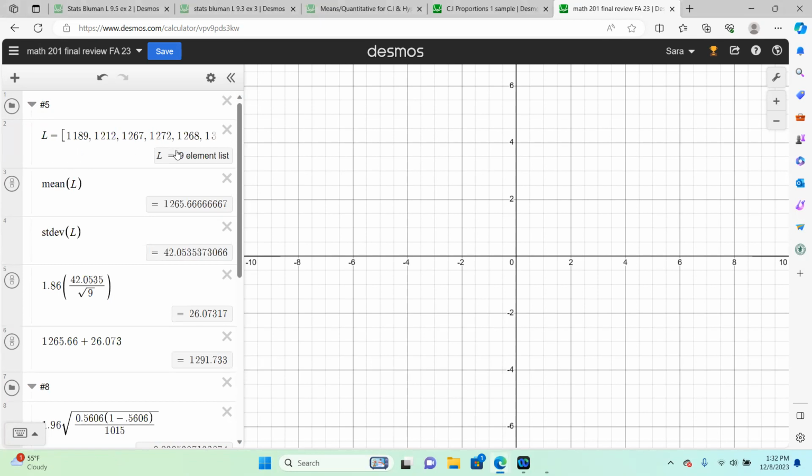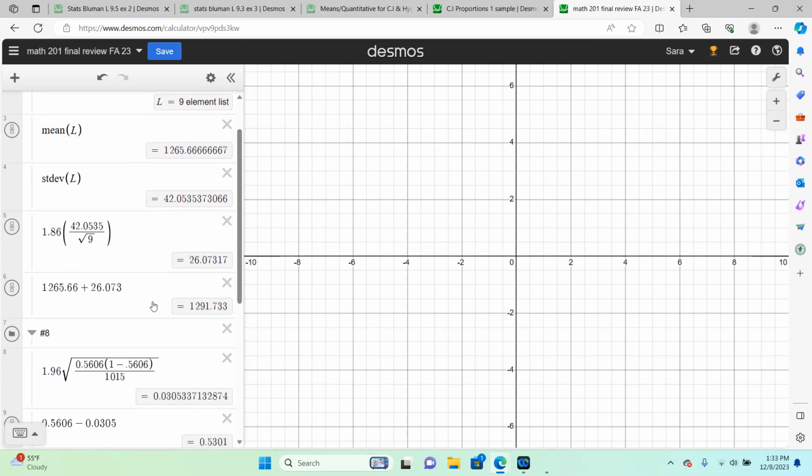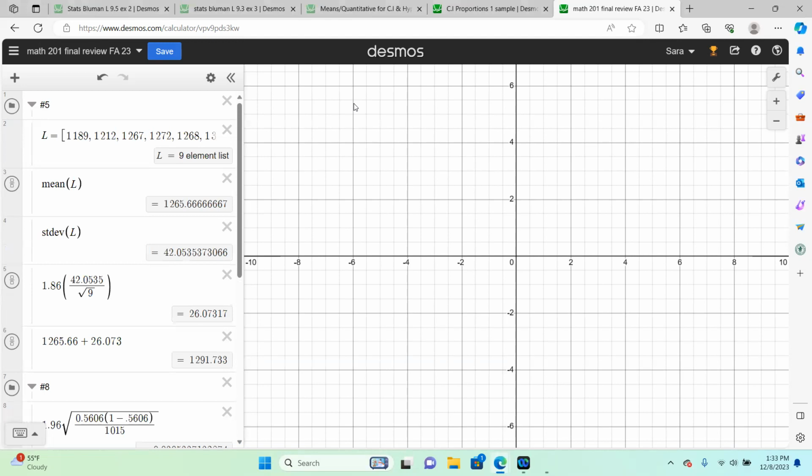I've listed my data here, and I have the mean at 1265.67 and the standard deviation at 42.053 divided by the square root of 9. I calculated my margin of error by hand, but I want to verify it when I use the means program. Whenever you have raw data, we have to put that data in a list, and then calculate the mean and standard deviation to use in the program.